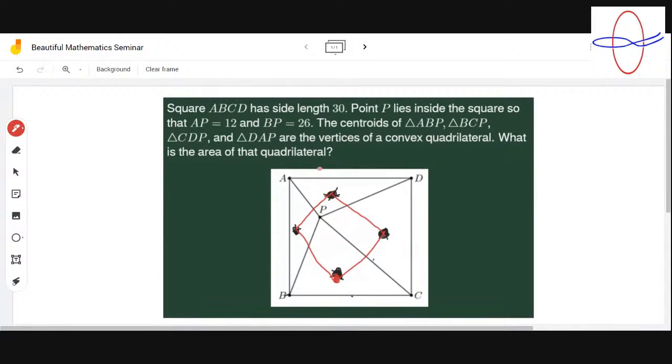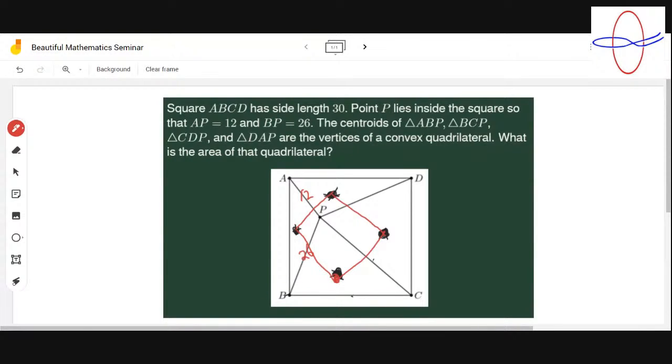Think. AP is 12 and 26 over here. What can we say about the diagonals? Can we say something about the diagonals?